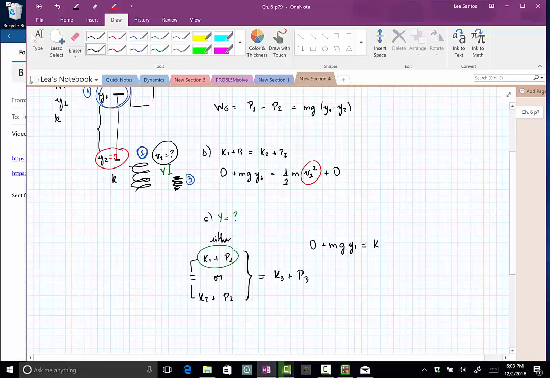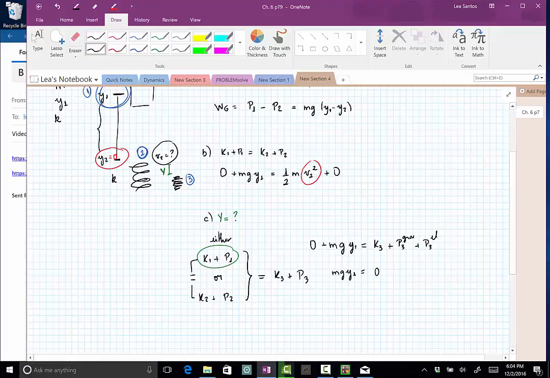What do I have? K3 is the kinetic energy, and P3 may be gravitational and may also be elastic. So let's see what we are going to consider. On the right side, well, this spring will be getting more and more deformed until it stops. So the final scenario 3 means no kinetic energy, so 0 for kinetic energy.